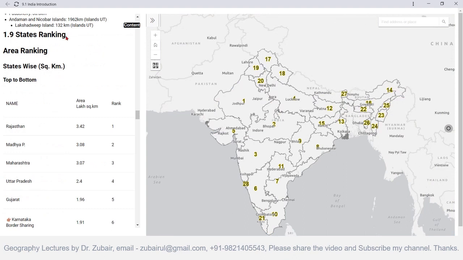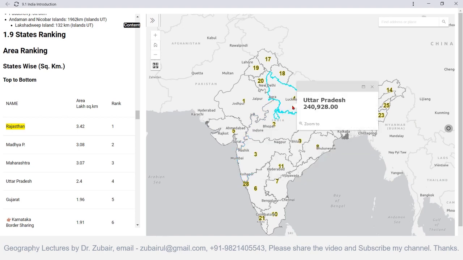Now we'll talk about the states ranking, because some questions come based on ranking. In terms of area, the largest area is covered by Rajasthan. Rajasthan is number 1, around 3,42,000 square kilometers. The second position is Madhya Pradesh, third is Maharashtra, and the fourth is Uttar Pradesh.